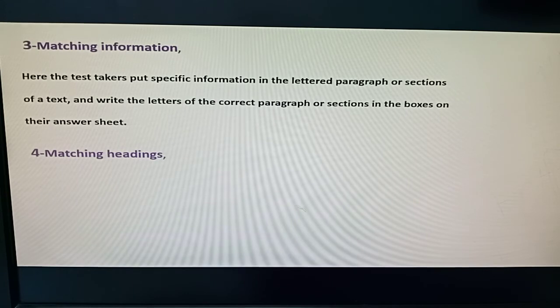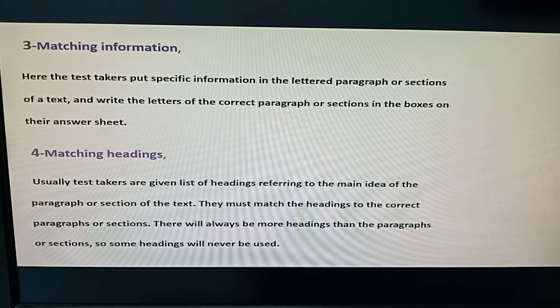Matching headings. Usually test takers are given a list of headings referring to the main idea of a paragraph or section of the text. For example, the text consists of 5 paragraphs.